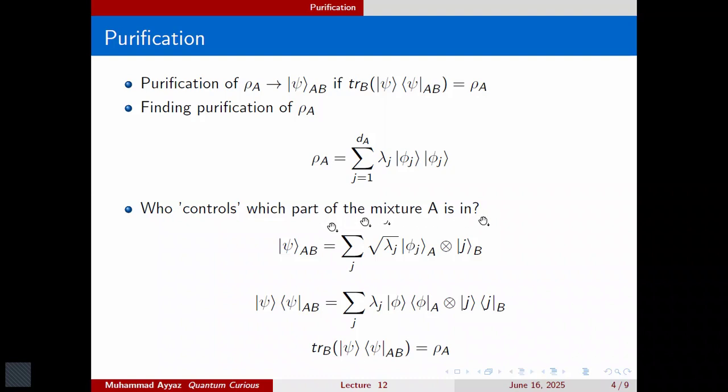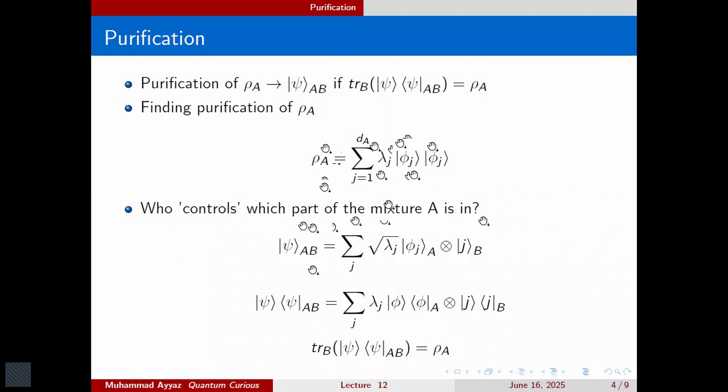In other words, we want to know what kind of system controls the state rho A, and the condition on which it is in the state phi j with some probability lambda j.